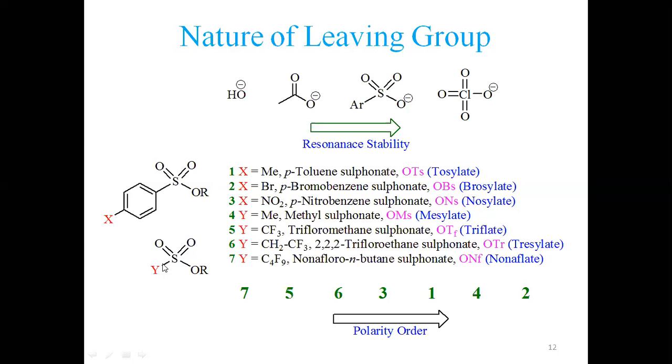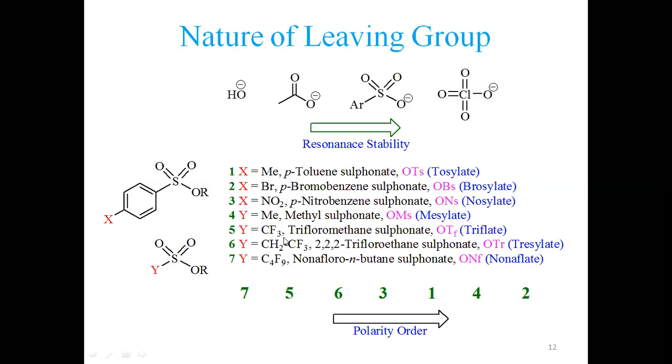So rather than plus I, it became minus I. Fluorine withdraws electron density from carbon, carbon withdraws from sulfur, sulfur withdraws from oxygen, and oxygen withdraws from carbon. So the bond polarization is increasing and we shall favor the leaving group to leave easily.